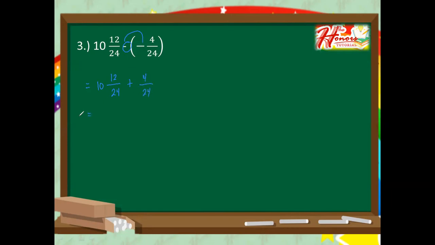Okay? And then after that, since we don't have any whole number here, the whole number which we have is 10, kindly copy 10. And then for the numerator, you should add them. 12 plus 4, that's 16.